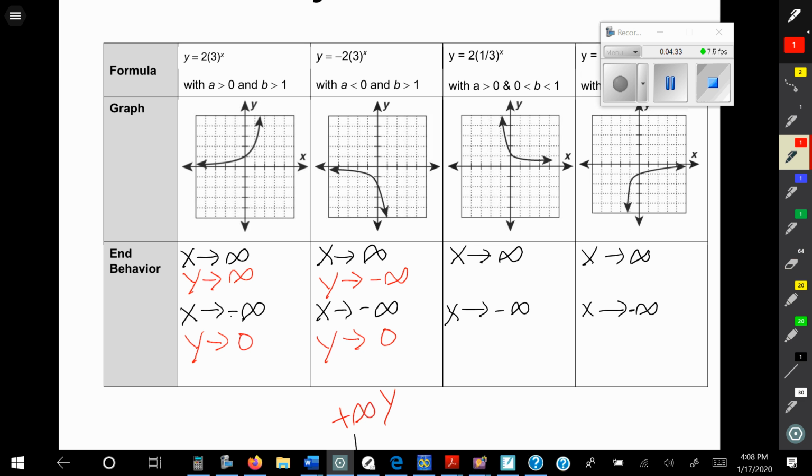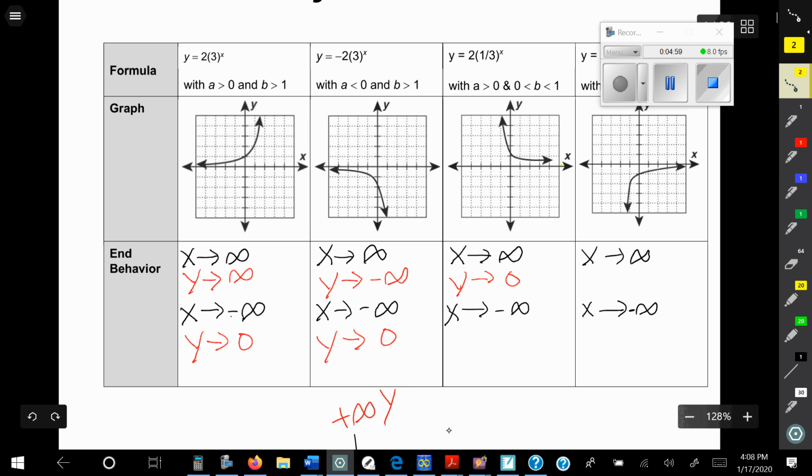On this one, as x goes to positive infinity, y goes to 0. So the more I go this way, y gets closer and closer and closer to this line, but never passes. So it's going to be 0. And as I go this way with x, y keeps going up, up, up to positive infinity.